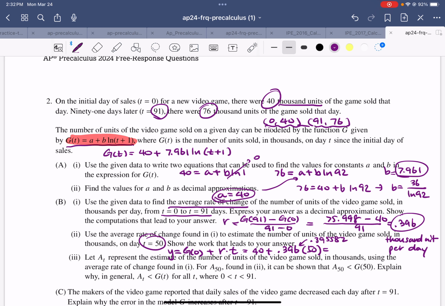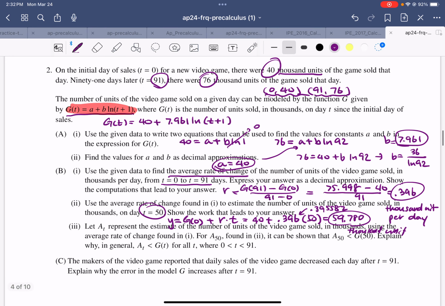Only your final answer I want rounded to 3 decimal places, not in the middle. When you put that in the calculator, you get about 59.780. That's the same answer as in the official answer, in thousands of units, so 1,000 units. Make sure you write down the unit.